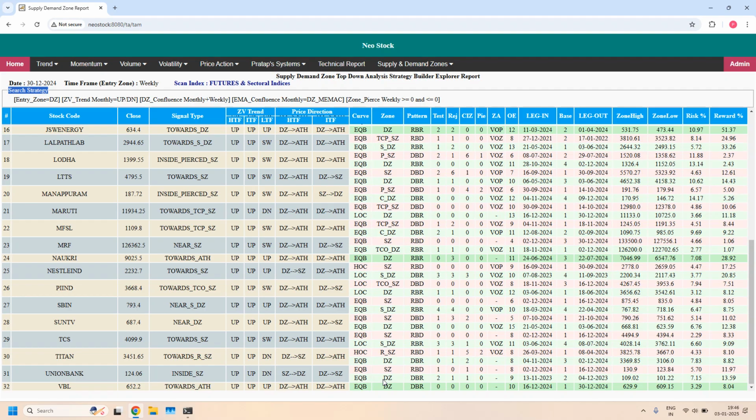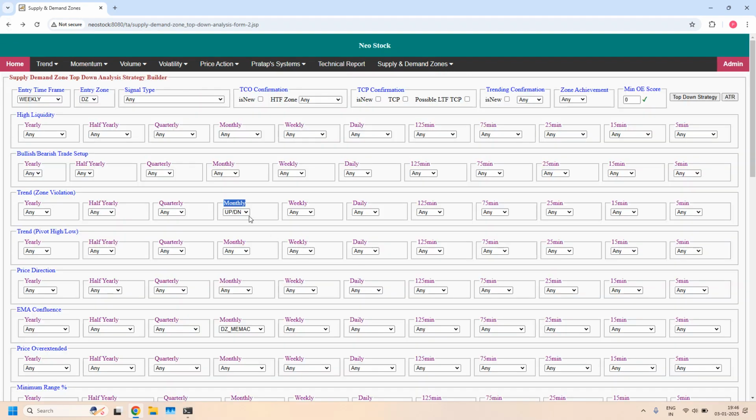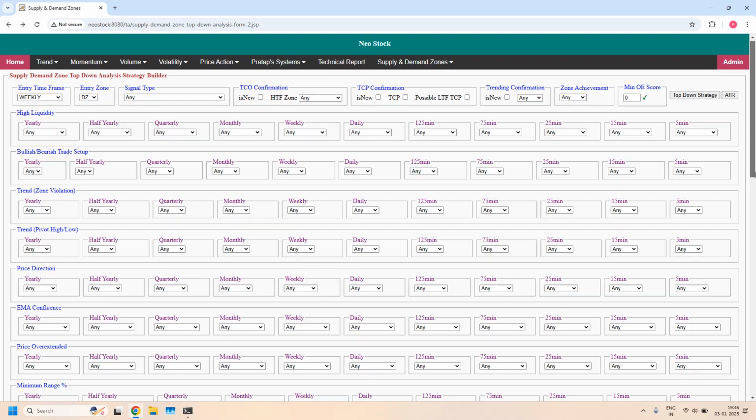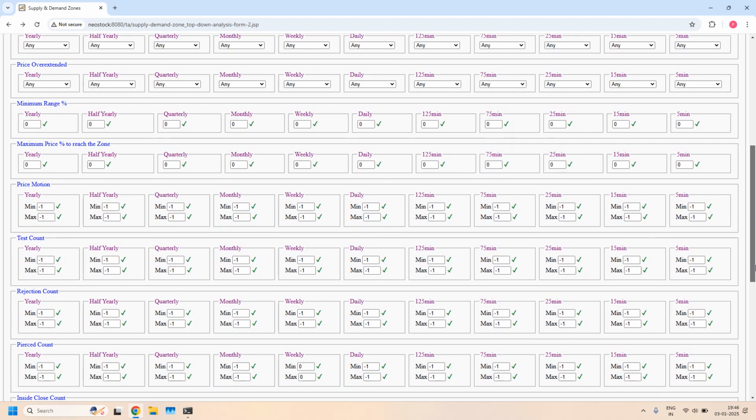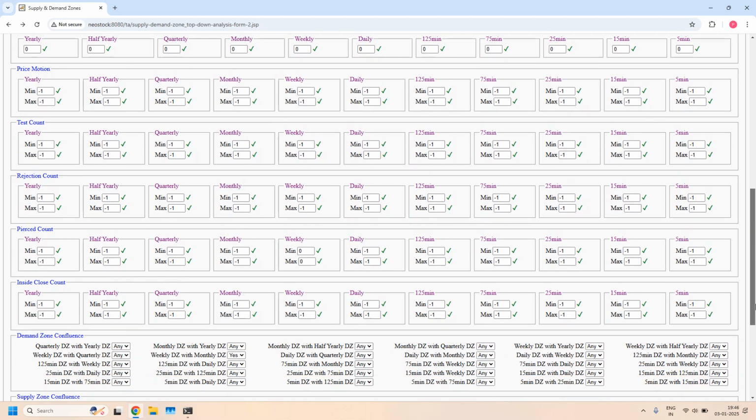Okay, now what we do, we will filter based on weekly, monthly and quarterly zone confluence. So we have to remove this EMA filter, and also the monthly trend, because our focus is on quarterly HTF zone. So in the demand zone confluence, let us add 2 more additional filters.